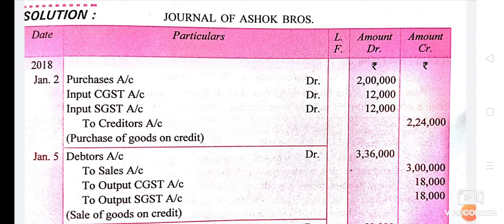While studying these problems, you have to write the problem as well as solution in your notebook, so that from your written problem you can read the transaction and study the journal entry and then pass that journal entry in your notebook. First entry is purchase goods for rupees 2 lakhs on credit. So it is entry of purchase.